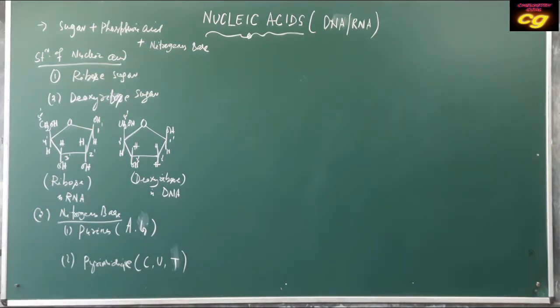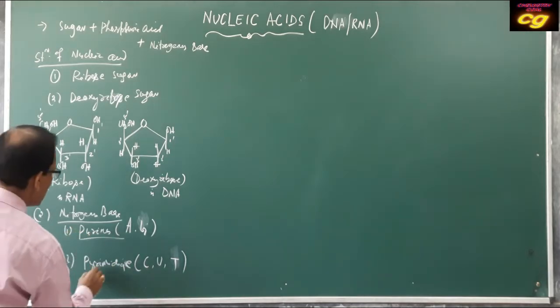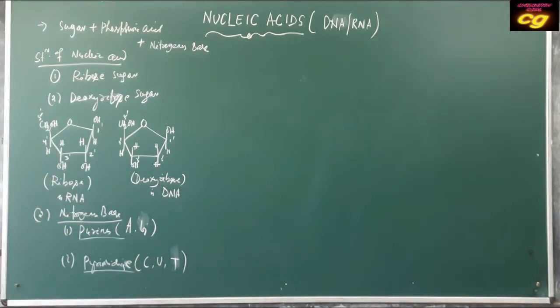So two types of nitrogen base, purines and pyrimidines.